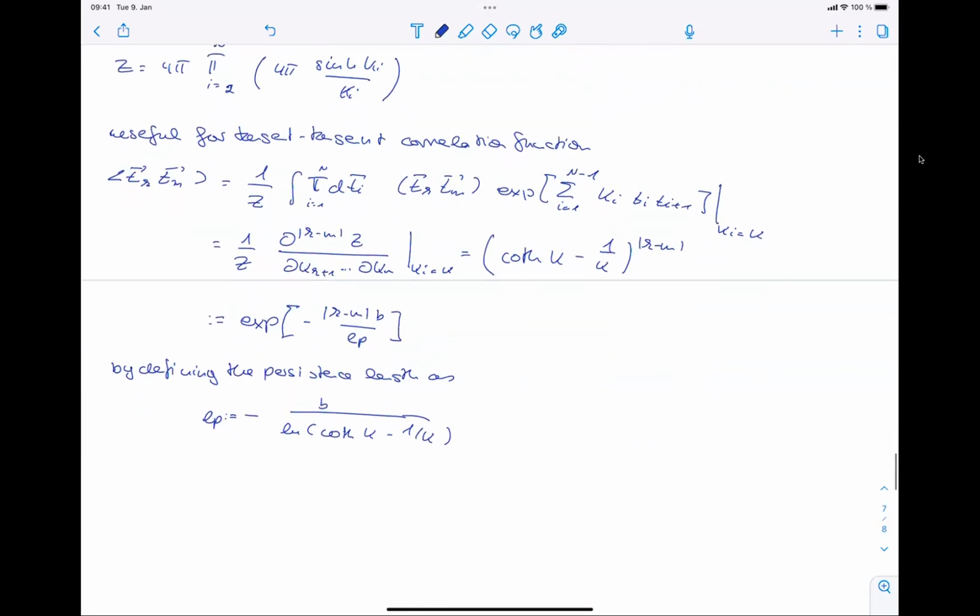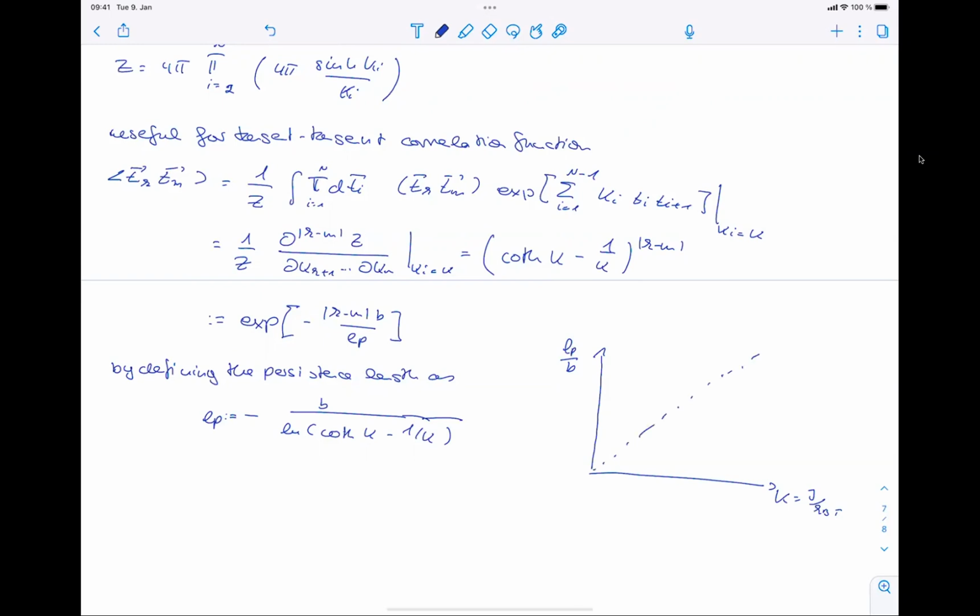Well, this looks like a little complicated formula. What does it actually mean? So let's plot this. If we look at L_P over b as a function of K, which is J over k_B T, then let me sketch this.